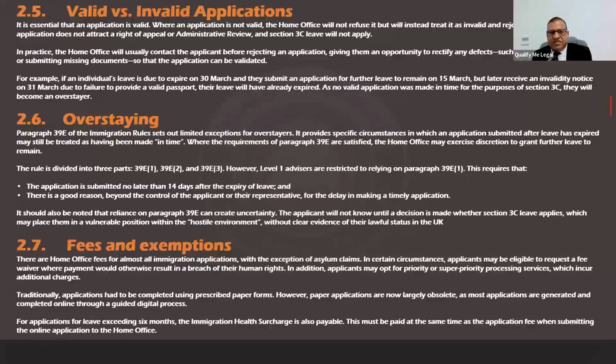So, what are those exceptions? The exceptions are that you can submit an application after 14 days if you have a good reason why you did not submit your application before the expiry of your visa.